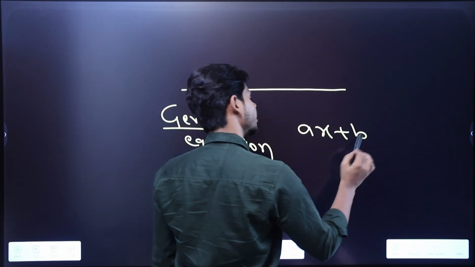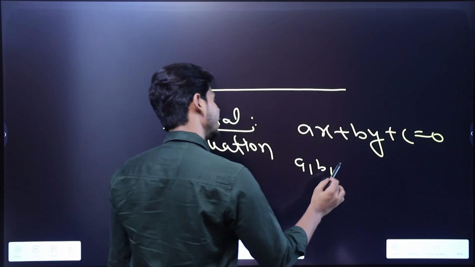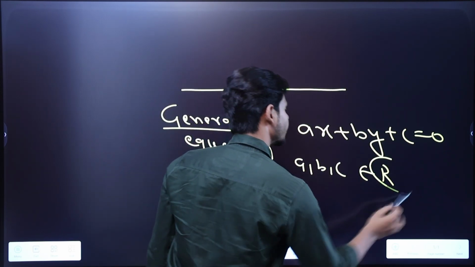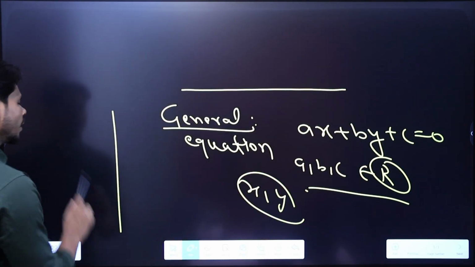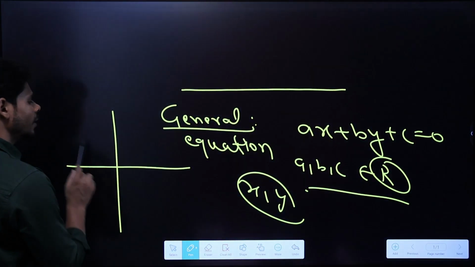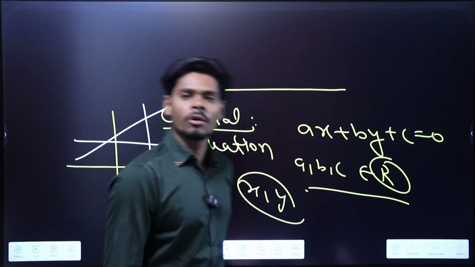So ax plus by plus c equal to 0, and here let me tell you a, b, c belong to real numbers. And x and y are the variables, because you can draw the line in only x-axis, only y-axis, and both x-axis as well as y-axis.